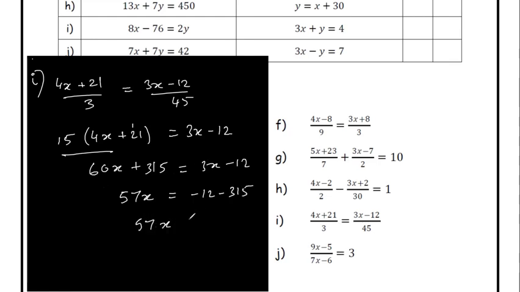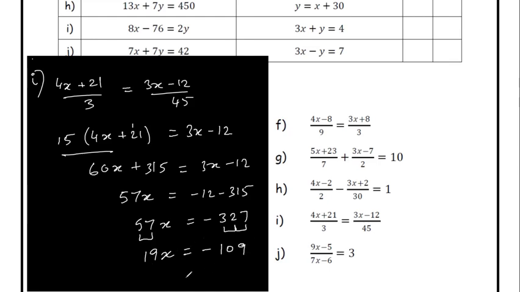So 57x is equal to negative 327. And as you can see, 5 and 7, these digits add up to 12, so it's a multiple of 3. And these 3 digits add up to 12 as well. It's a multiple of 3 as well. So you can divide both sides by 3, and you do that, you get 19x is equal to minus 109.